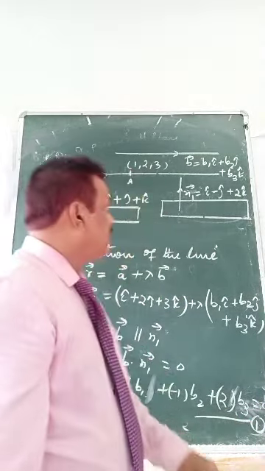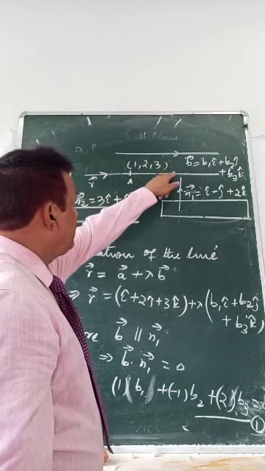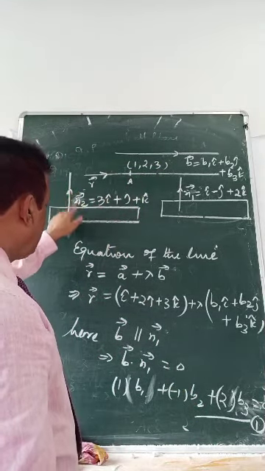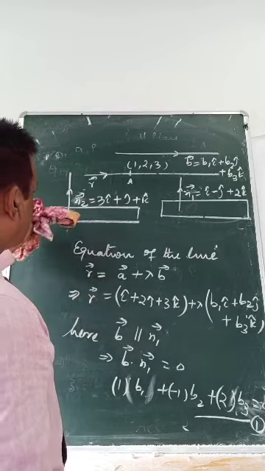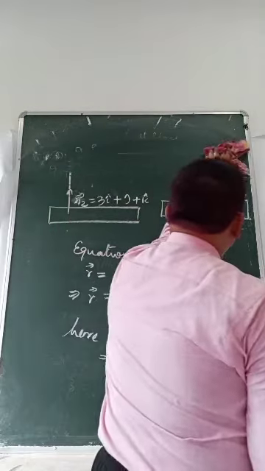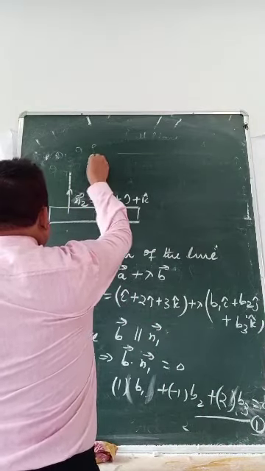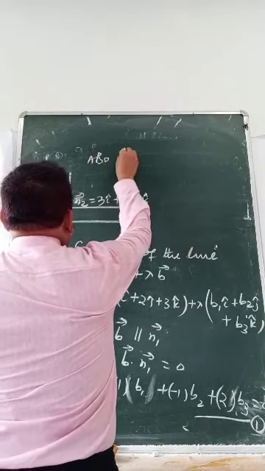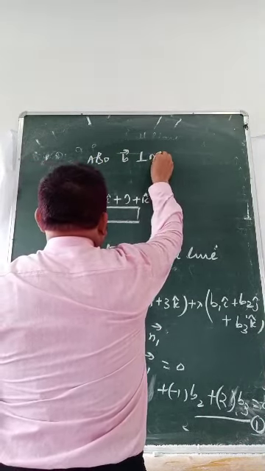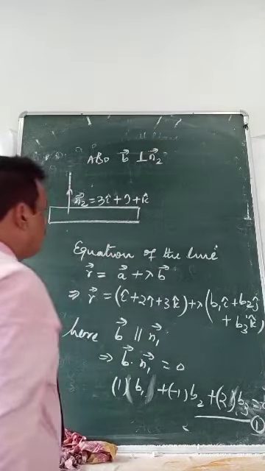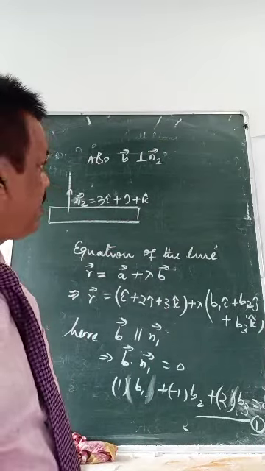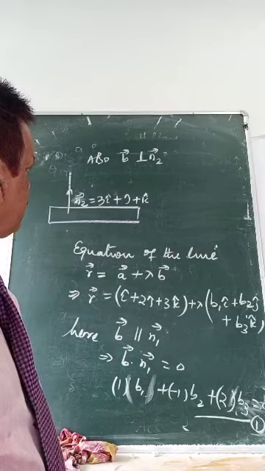Then also b is perpendicular to n2. So what do you get? b dot n2 is 0.